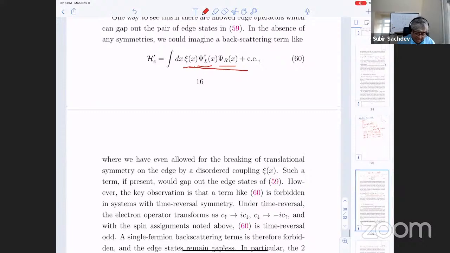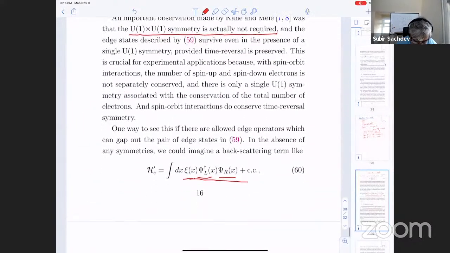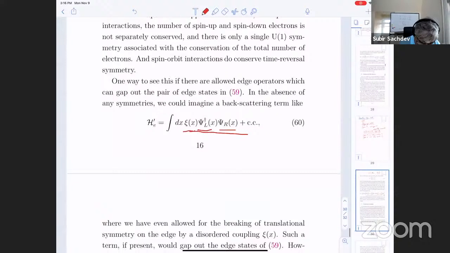And the reason is, of course, the left and right are up and down spin indices. So I should really be writing this as psi dagger up times psi down.